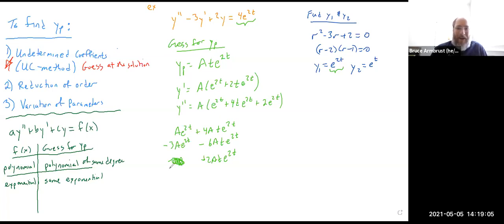Okay, so now when I add all that up, I get minus 2a e to the 2t plus 0. And that has to equal 4 e to the 2t. So I get minus 2a equals 4, or a equals minus 2.